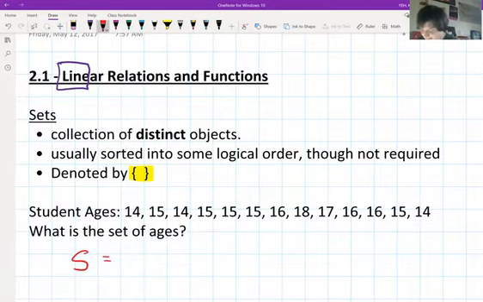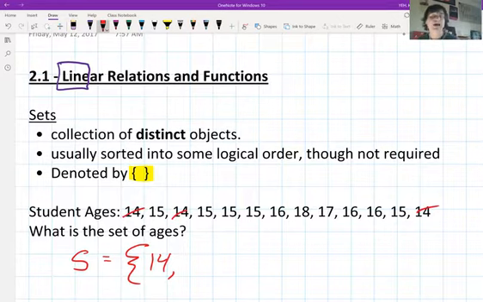S equals, and then I'm going to put the elements that should be in the set in ascending order, least to greatest. I look through and say, okay, 14 should be in this set. And that takes care of all the 14s. I don't have to write 14 again, because remember, sets always have no duplicates. They are distinct values. So 14 there.